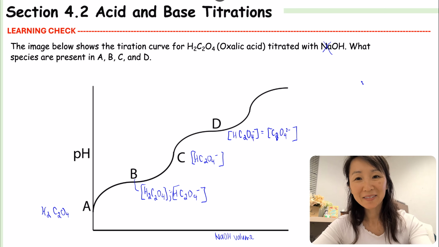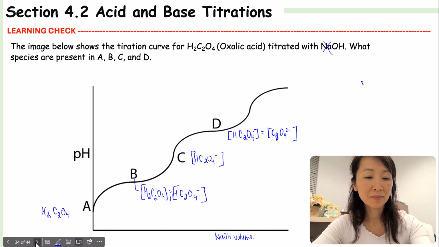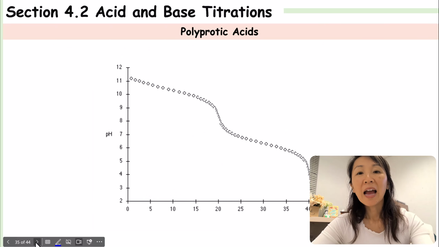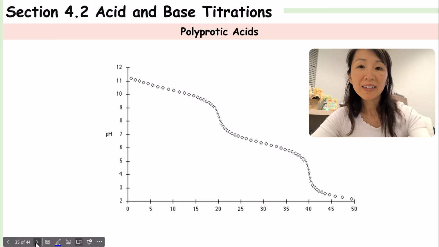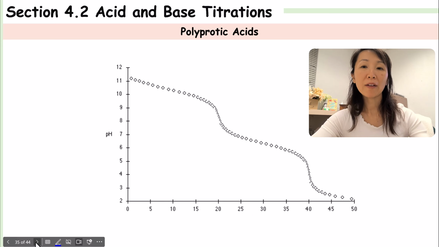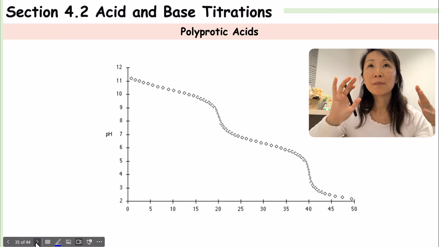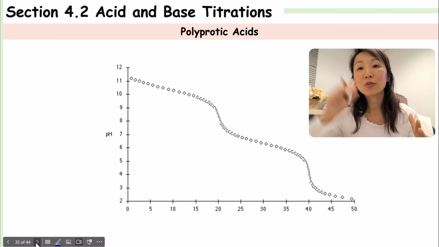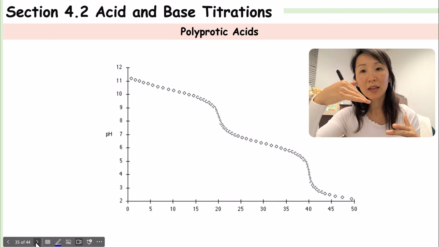And here's the key. I'd like to just take a brief moment in describing this particular graph. It looks very much like the other one, but it's going in the opposite direction. Titration doesn't always involve having acid and then you titrate it with base. Okay, that's what we're used to.